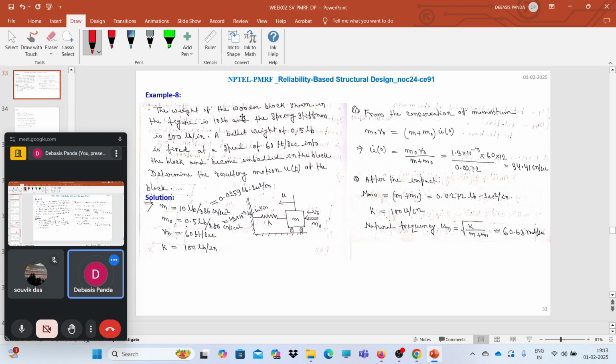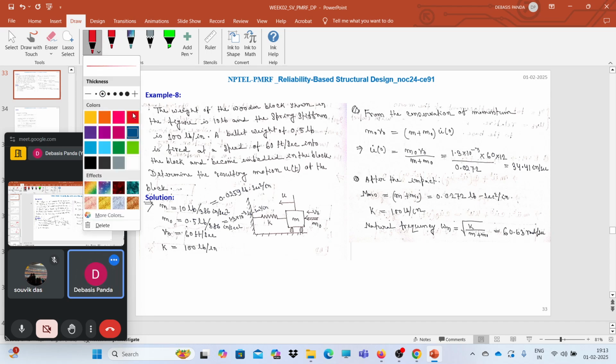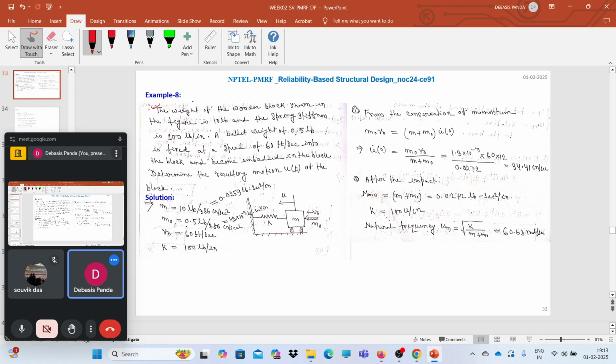Like here, see the example. The weight of the wooden block shown in the figure is 10 lb and the spring stiffness is 100 lb per inch.